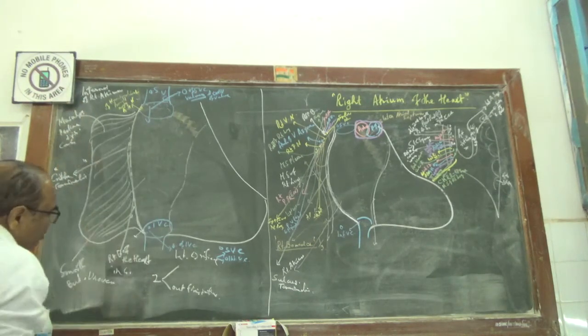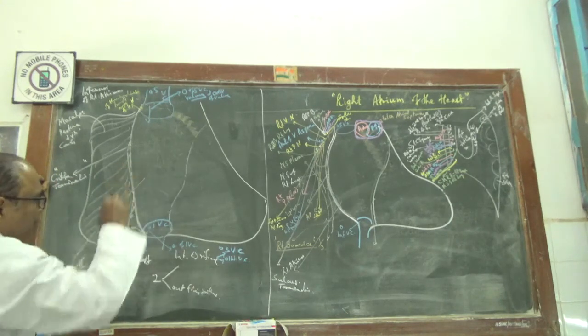It carries the deoxygenated blood to the right atrium.